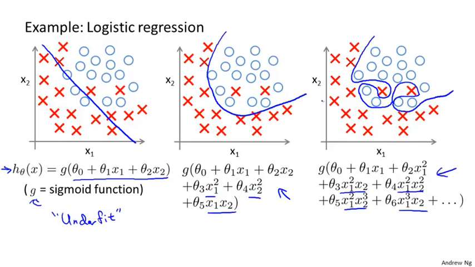And if the features x1 and x2 are for predicting maybe cancerous, malignant, or benign breast tumors, this really doesn't look like a very good hypothesis for making predictions. And so once again, this is an instance of overfitting, and of the hypothesis having high variance and being unlikely to generalize well to new examples.